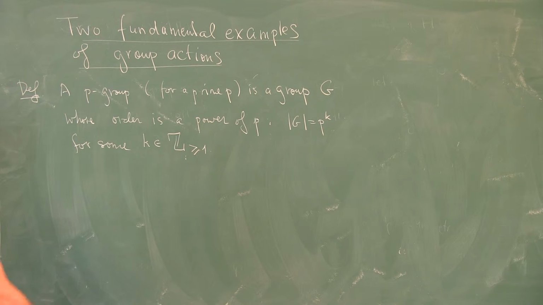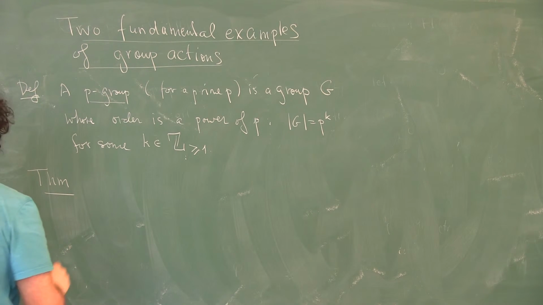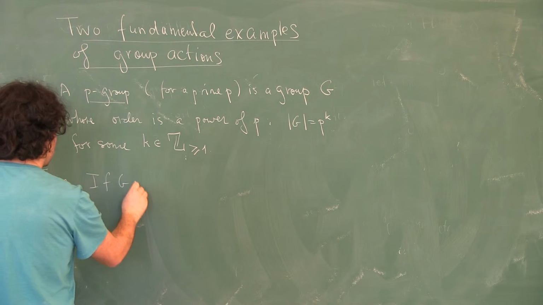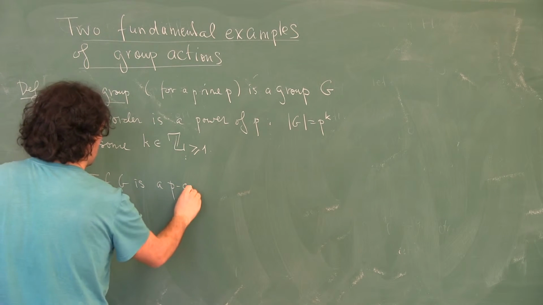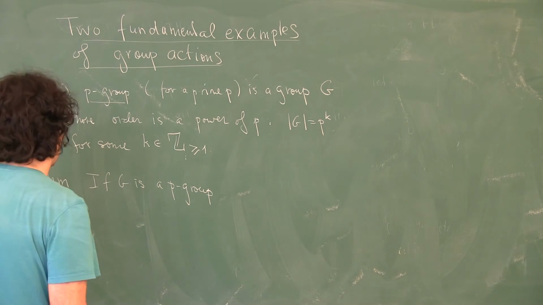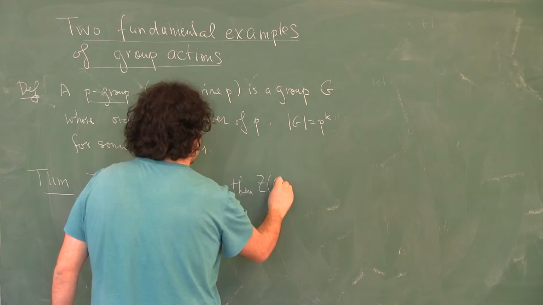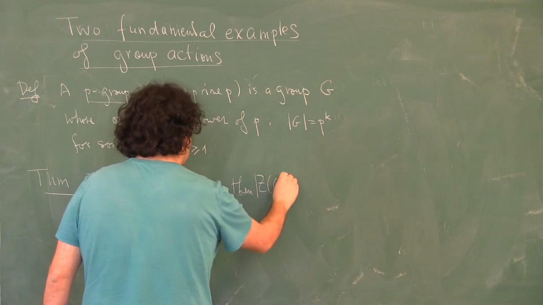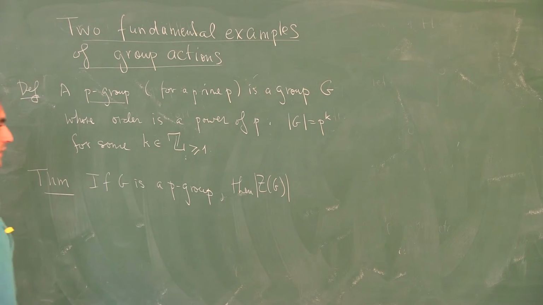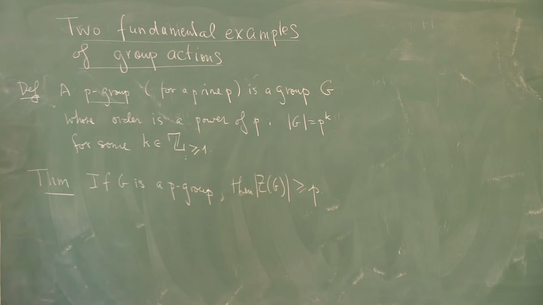So now the theorem that I was mentioning a minute ago is that if G is a p-group, so note in particular that a p-group is a finite group, then the center of G is non-trivial. That is, we can be more precise: the cardinality of the center of G is at least p. The center of G contains at least p elements.